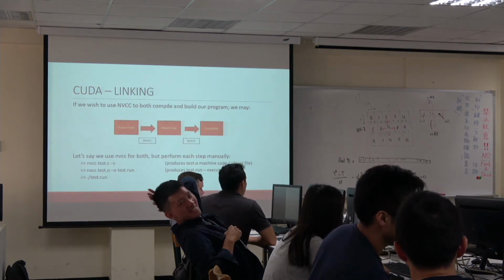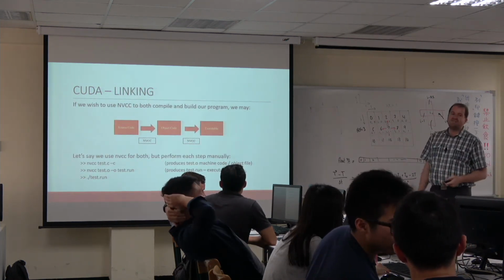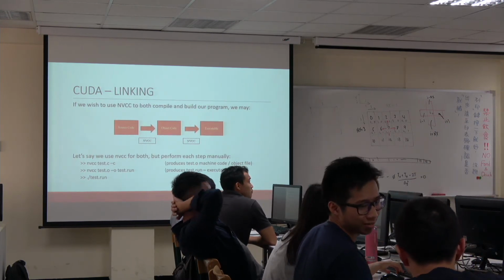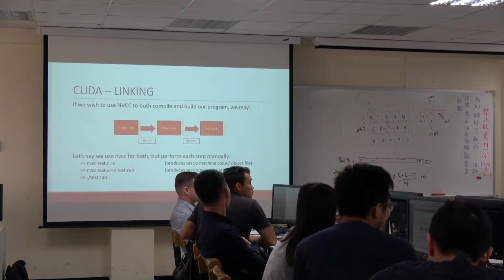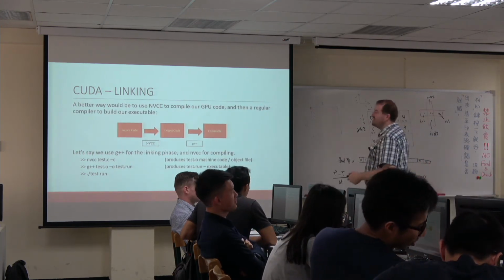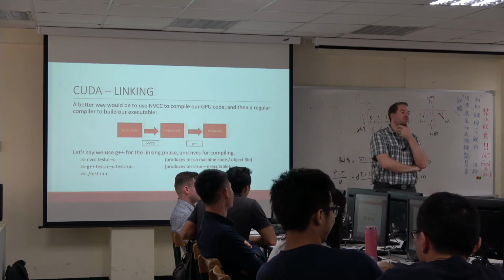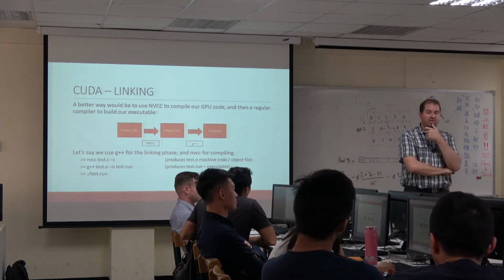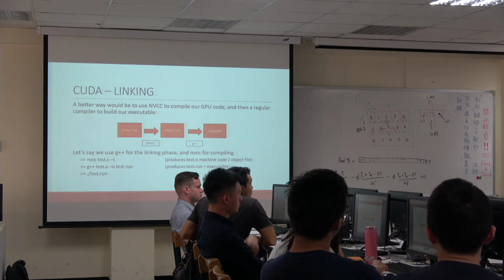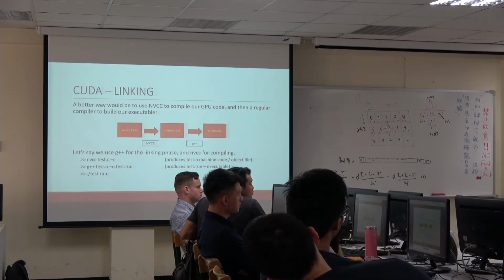But we don't want to do that. So what I just showed you before, using NVCC to compile, build, and link your application, is basically this step here. We don't want this. We want to use NVCC to take our source code and create a machine object, an O file. Then we want to use a more powerful compiler to take that object and then create our executable code.